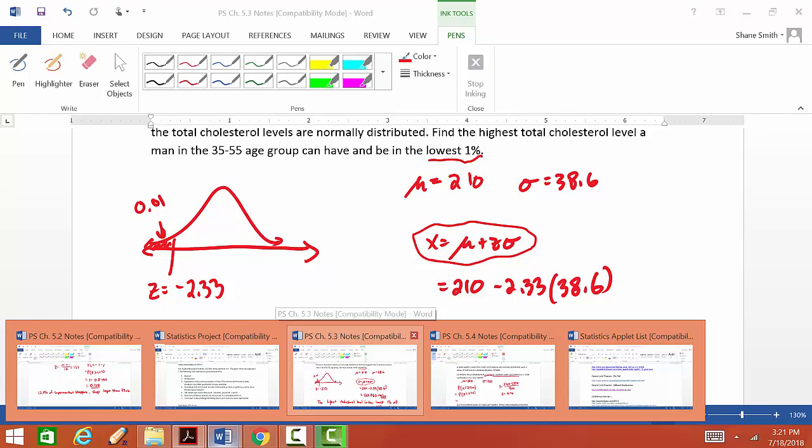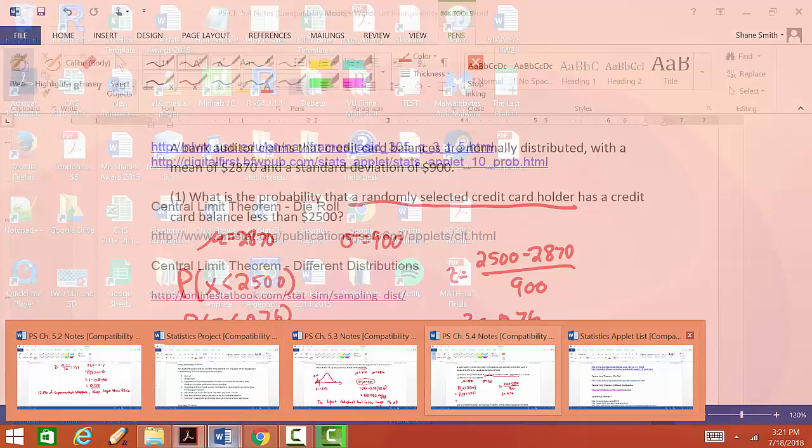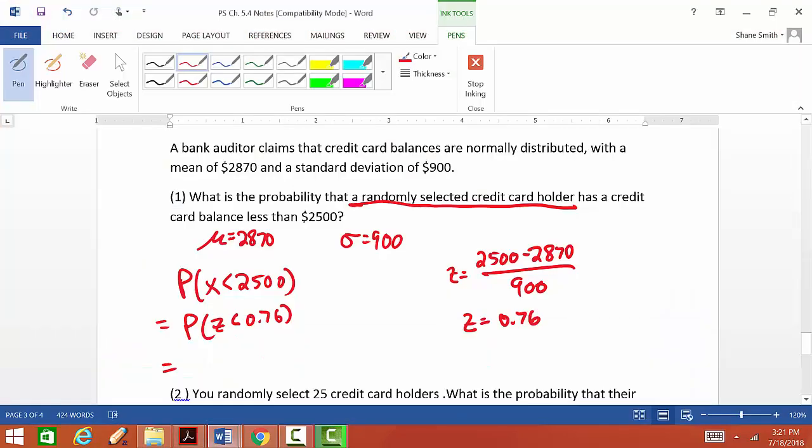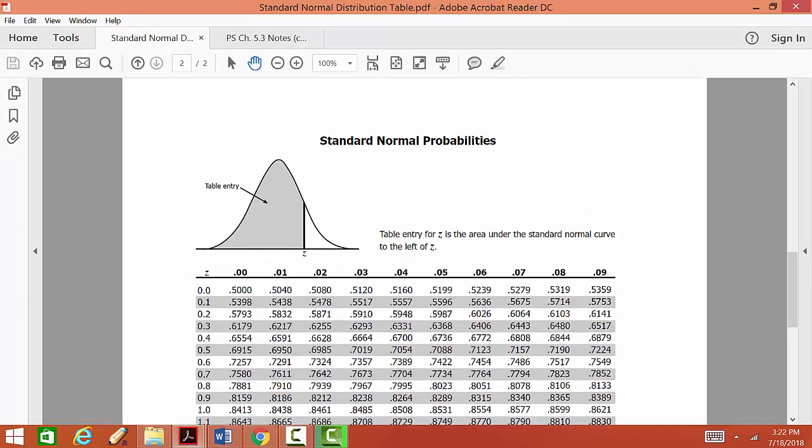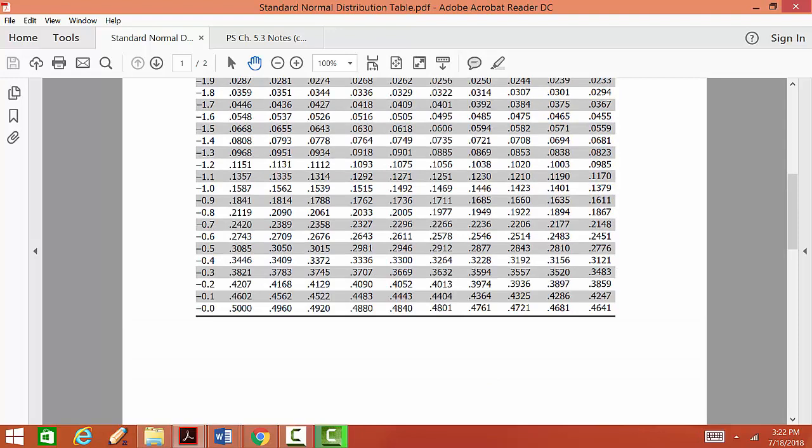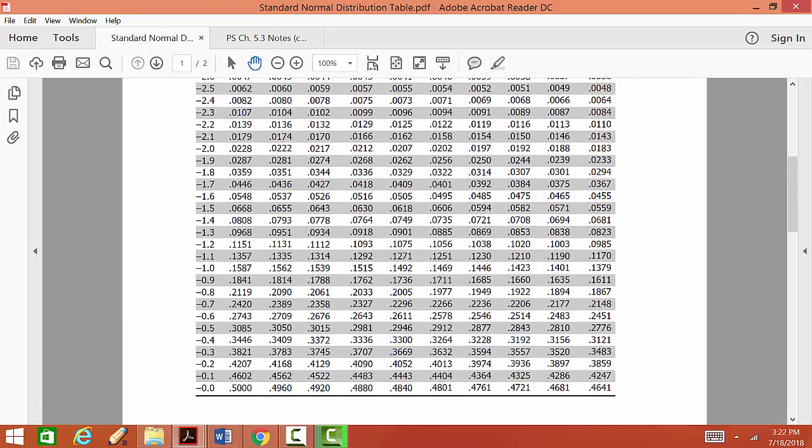That doesn't make sense. I was looking at the previous problem. It's negative. It should be negative because I'm subtracting a larger number from a smaller one. Negative 0.41, I think, is better. Okay. So negative 0.41 is 0.3409.